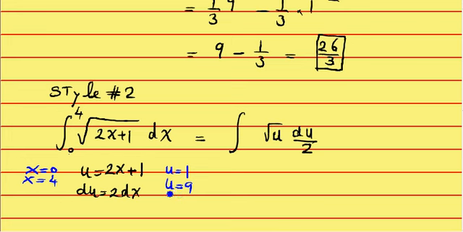So if you want to do a complete translation, you can go from 0, 4 to 1, 9. And from now on, you don't need to do any back substitution. You just keep going. So you go ahead and say this is u to the power of 1/2.